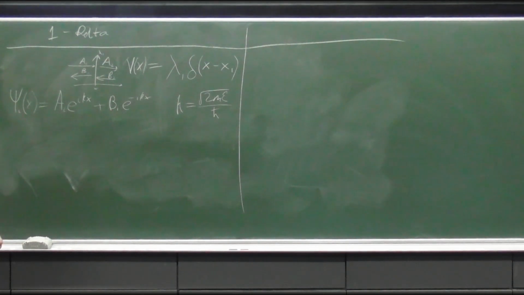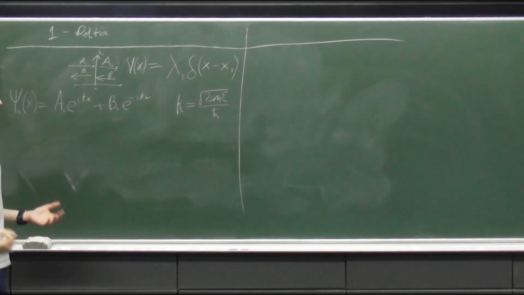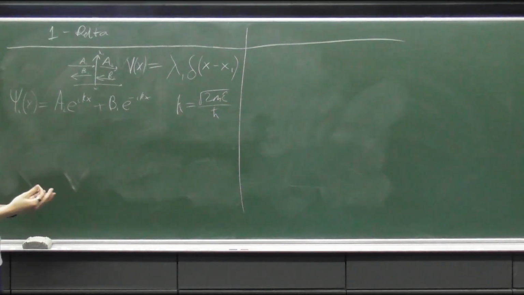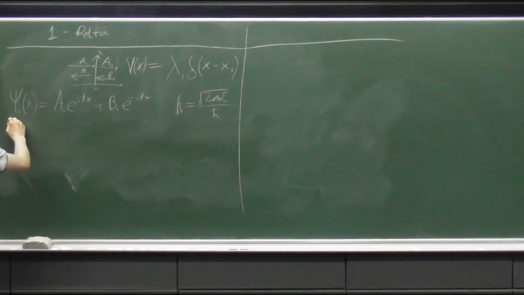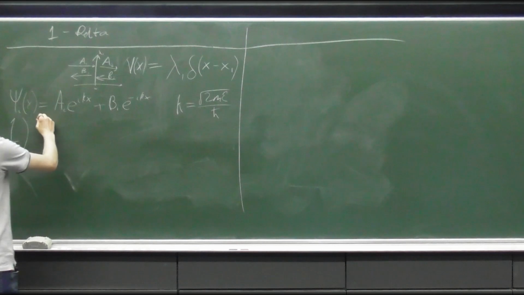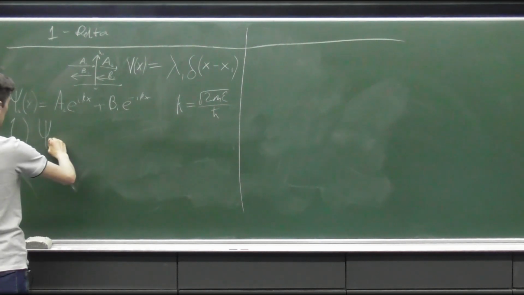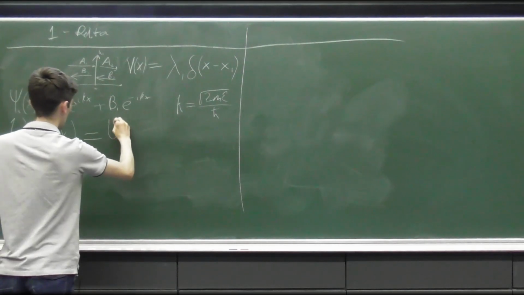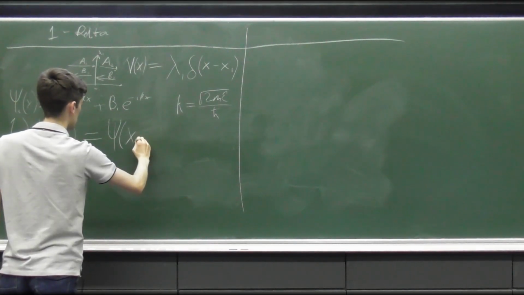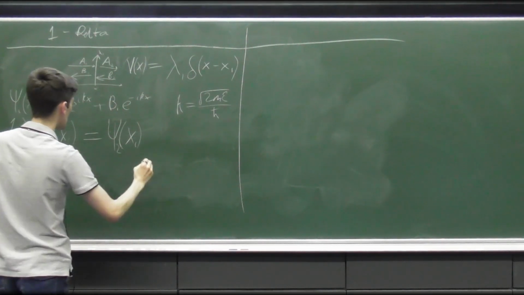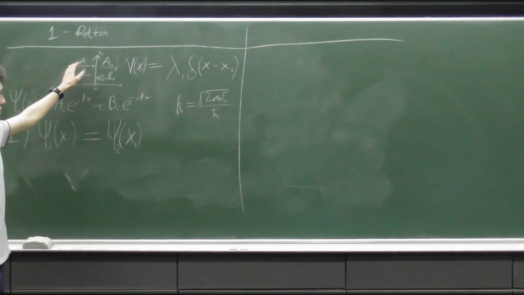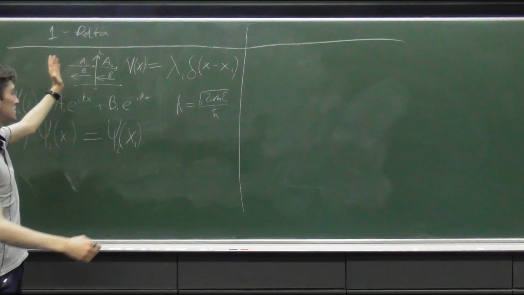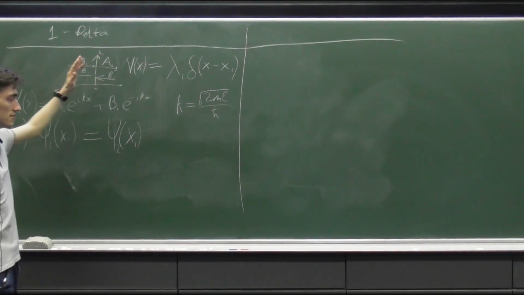We then define boundary conditions that must hold for this potential to be correct. These two conditions are, one, a continuity across the boundary, so your wave function on the left is equal to the wave function on the right at this point.